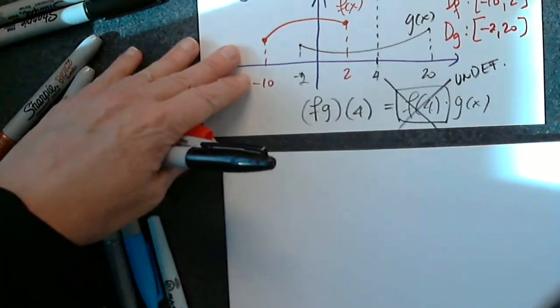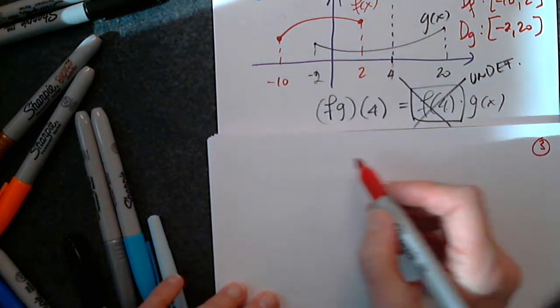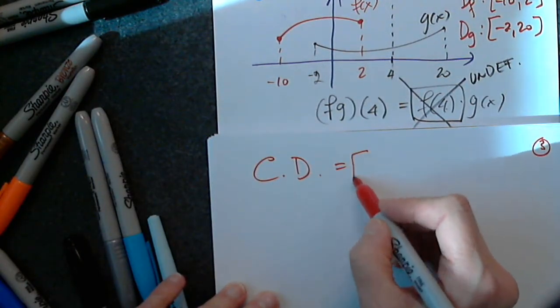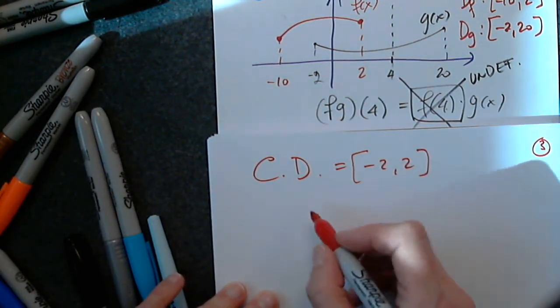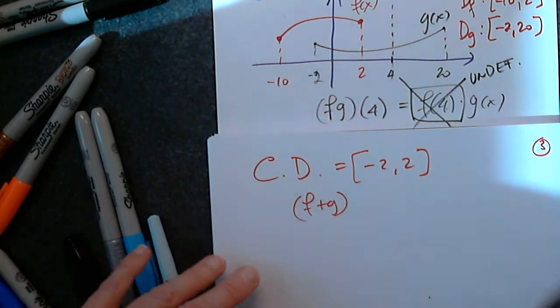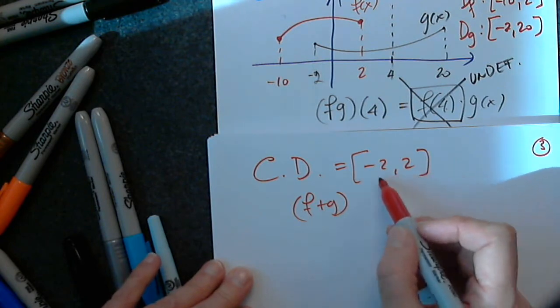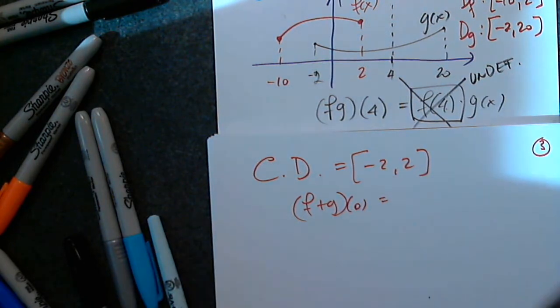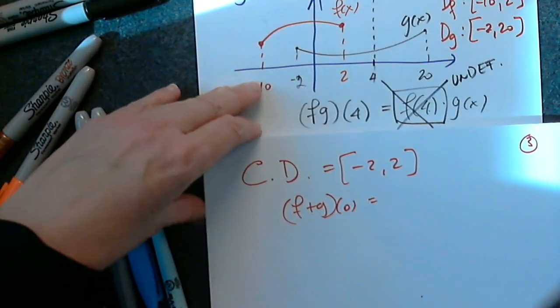Can anyone give me the common domain? Exactly. So if I want you to determine f comma g of blah, blah, blah, it has to be a number between negative 2 and 2. Because otherwise you will not be able to determine it, because one or the other will not exist of the functions.